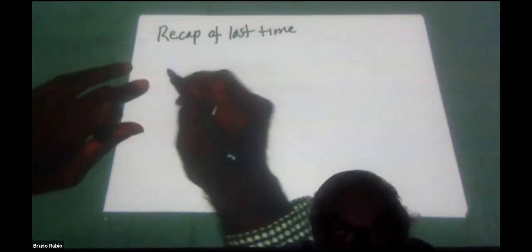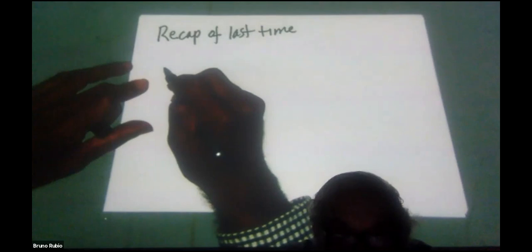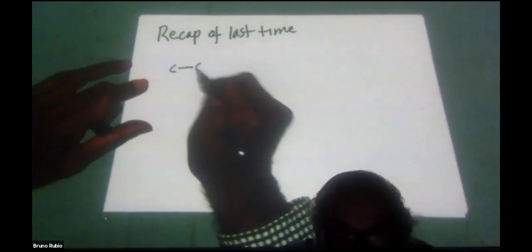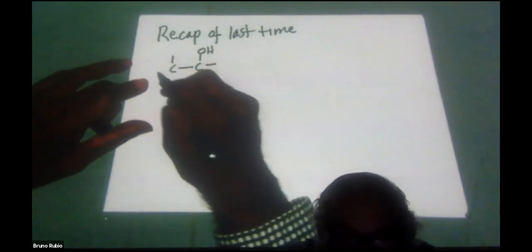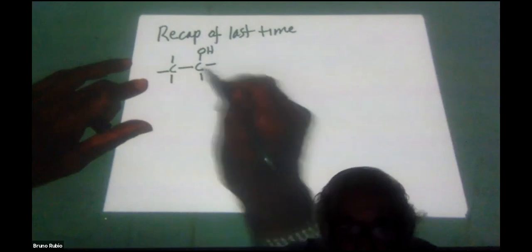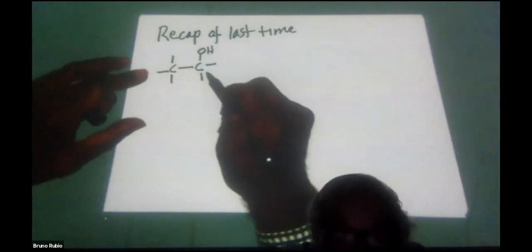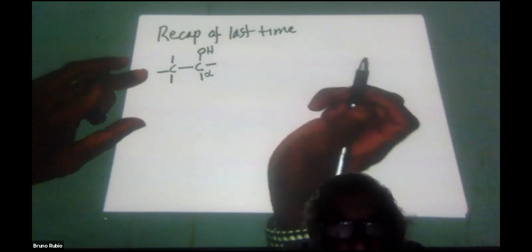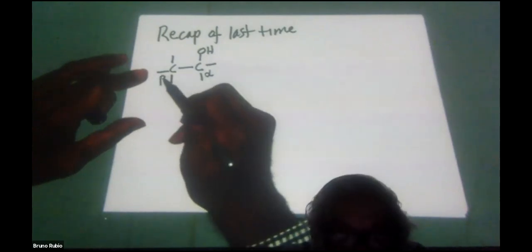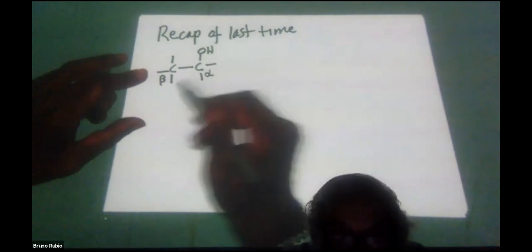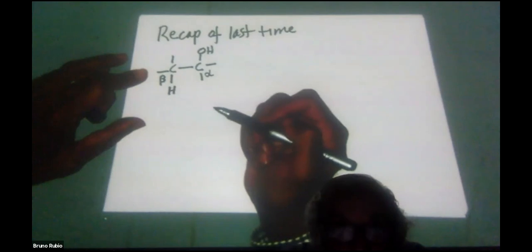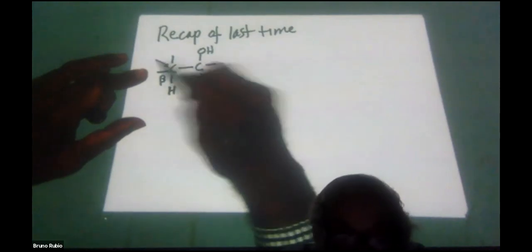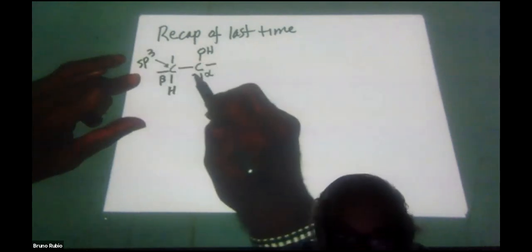We said that we have an alcohol, and the carbon that bears the OH group of the alcohol is called the alpha carbon. The carbon next door to the alpha carbon is the beta carbon, and the beta carbon has a proton on it, and this carbon has to be sp3 hybridized, as does this one, right?